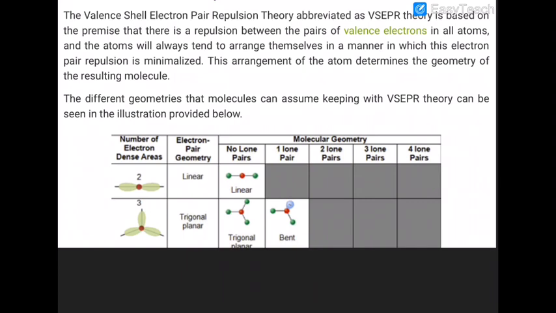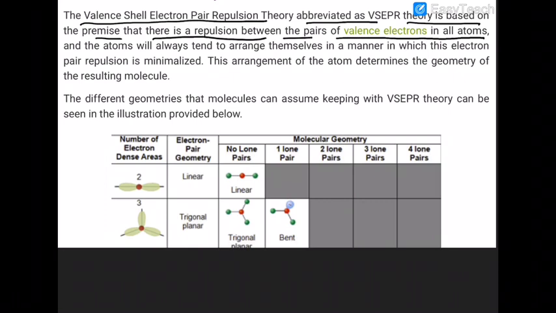The valence shell electron pair repulsion theory, abbreviated as VSEPR, is based on the premise that there is a repulsion between the pairs of valence electrons in all atoms, and the atoms will always tend to arrange themselves in a manner in which the electron pair repulsion is minimized.